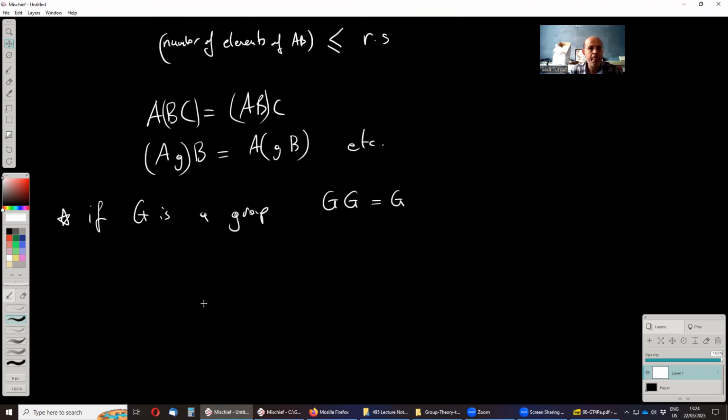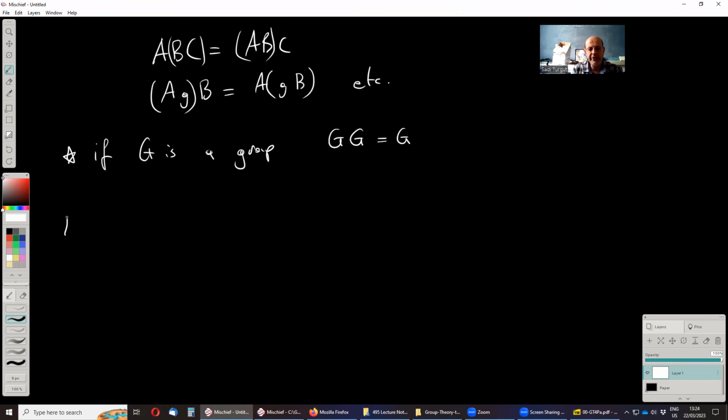Okay. So there's something called a rearrangement lemma. It basically says this, right? G is a group, and g is an element within the group.